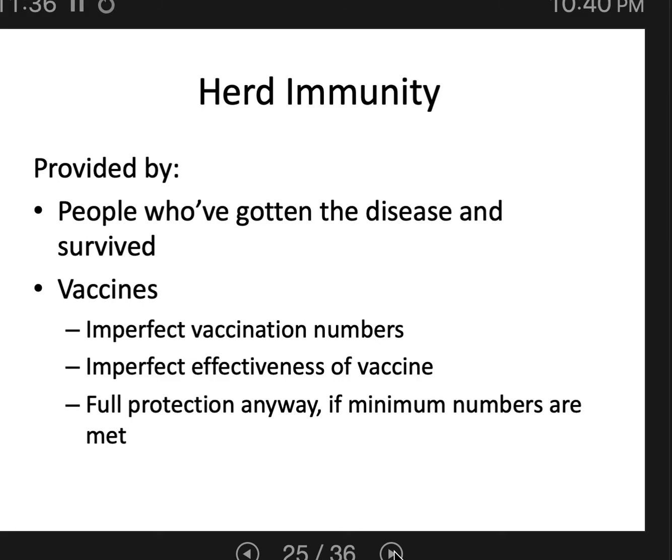If you yourself are not immune to a disease, you didn't get vaccinated, you couldn't get vaccinated, and you never had the disease before, but everyone surrounding you is immune, those immune people are protecting you from becoming sick. So if some individual comes into your state, your community, who is sick with a particular pathogen, but everyone you surround yourself with is immune, it's not likely for that pathogen to then be transmitted to you because it can't move through the immune individuals.